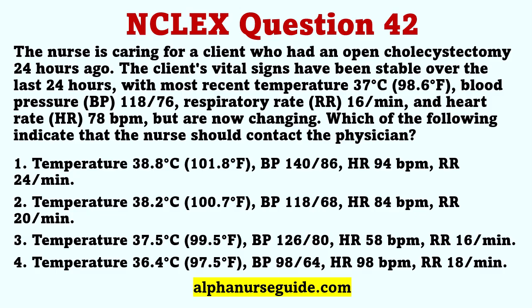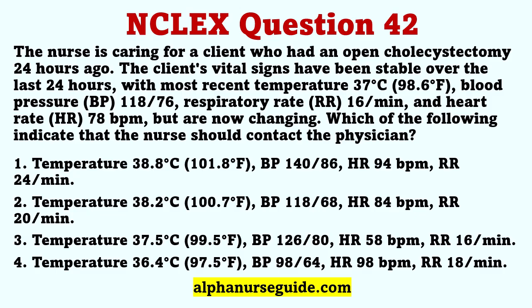1. Temperature 38.8 degrees Celsius, blood pressure 140/86, heart rate 94 beats per minute, respiratory rate 24 breaths per minute. 2. Temperature 38.2 degrees Celsius, blood pressure 118/68, heart rate 84 beats per minute, respiratory rate 20 breaths per minute. 3.